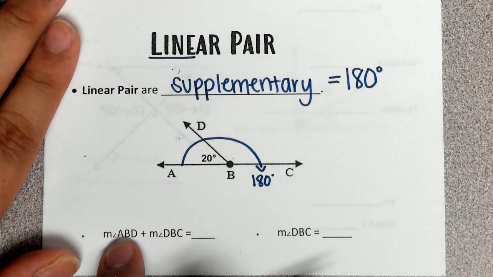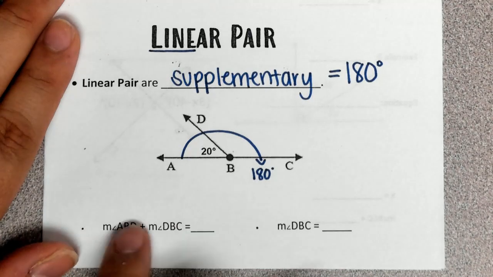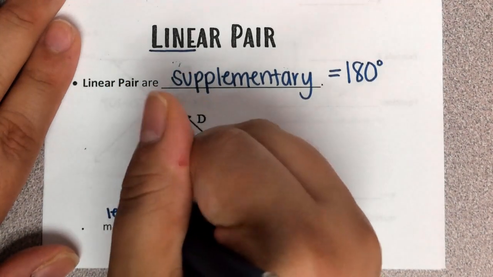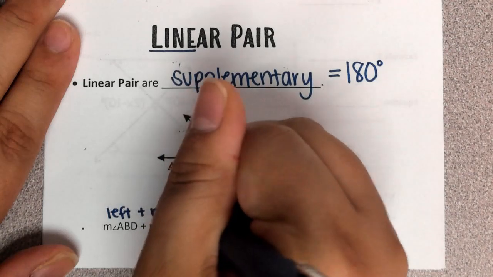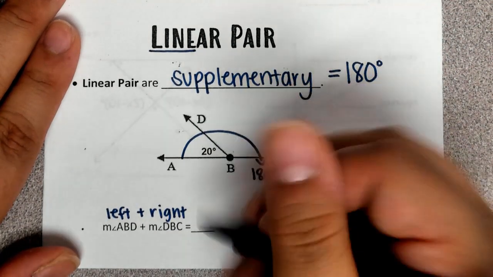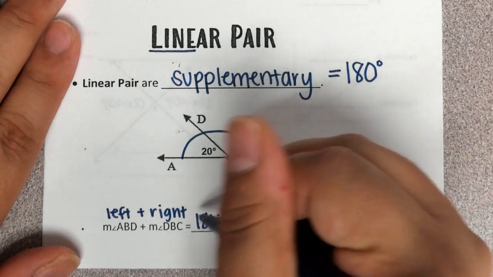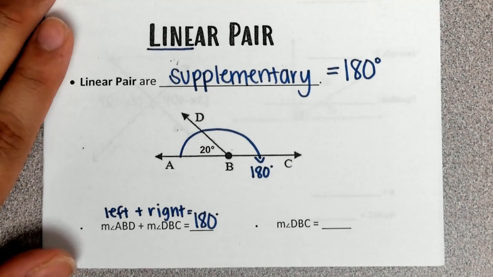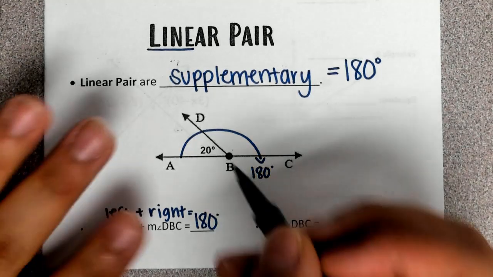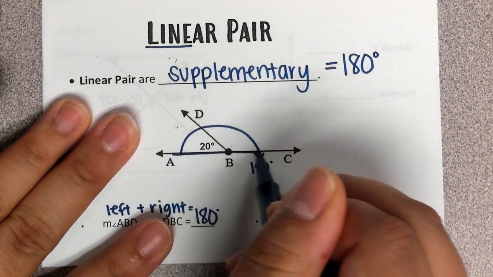So whenever you're doing a linear pair problem, write this down please: left plus right equals whole. What's my whole? 180 degrees. Left plus right equals 180, because why? It makes a line.